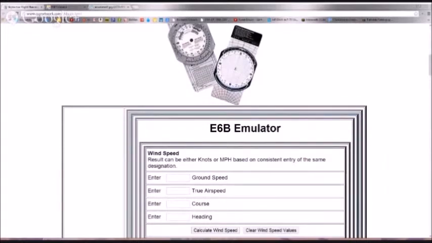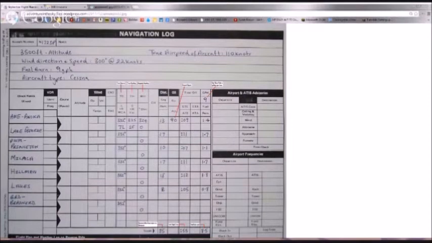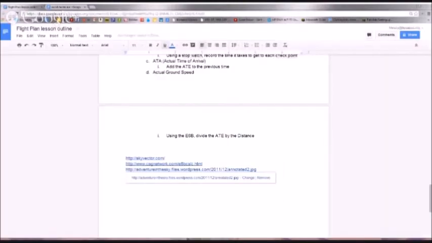It just helps, say if you can't figure it out with the regular E6B, or if you don't have one, it just helps you out a little bit. You can fill out all your information below. This website here is just an example of a navlog if you ever can't remember how to do something. This website is called adventureinthesky.files.wordpress.com. Okay, and that wraps up our lesson on filling out the navlog.